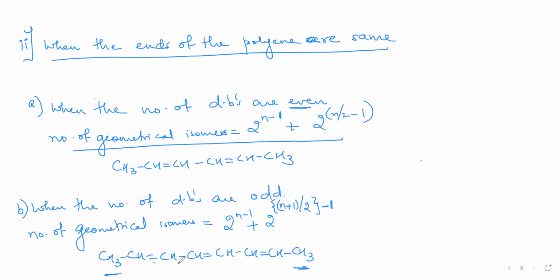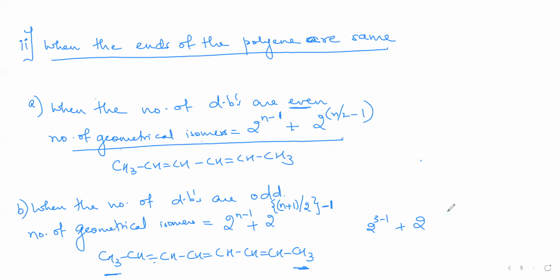Okay. So the number of double bonds where geometrical isomerism is possible here are odd. So odd ke liye I will use this formula. 2 raised to n minus 1. N is a number of double bonds. There are 3 double bonds. So 2 raised to 3 minus 1 plus 2 raised to 3 by 2. No, 4 by 2.